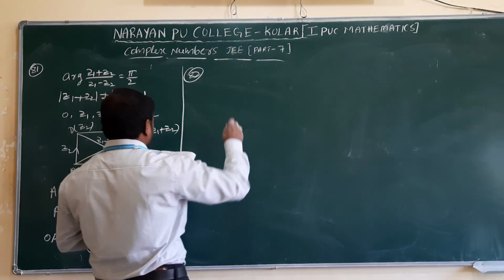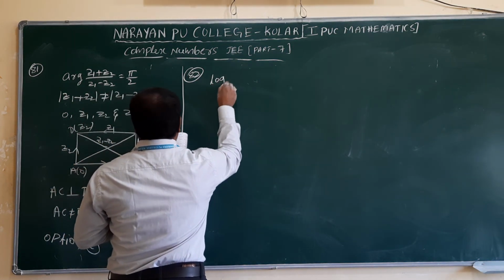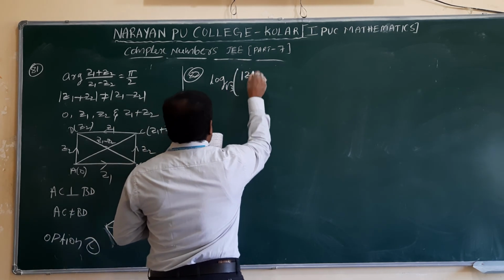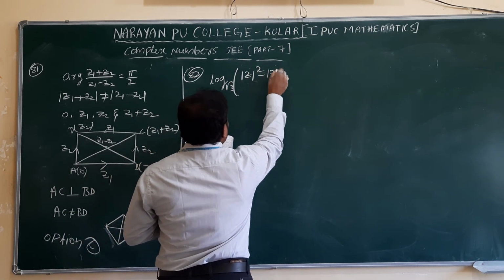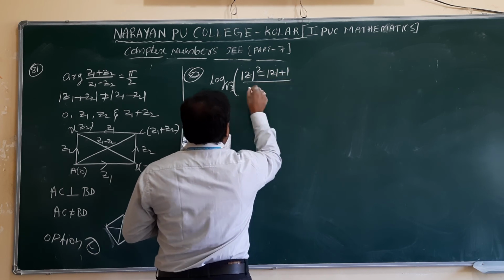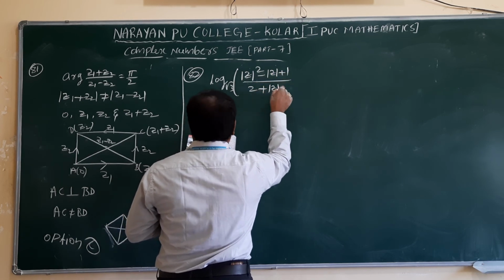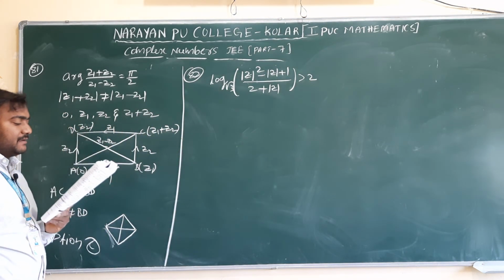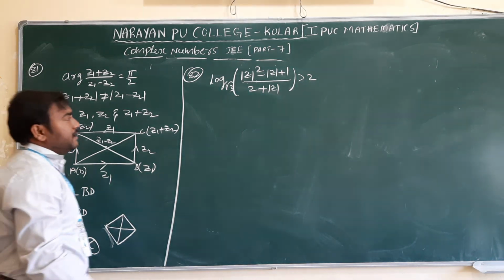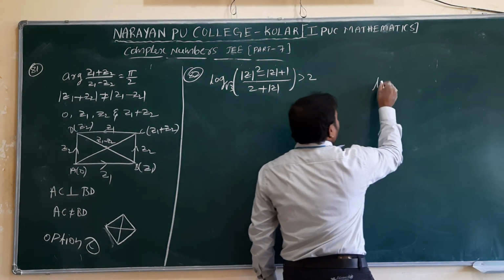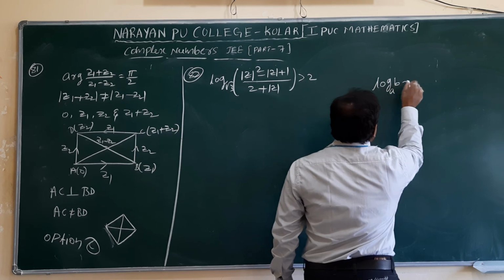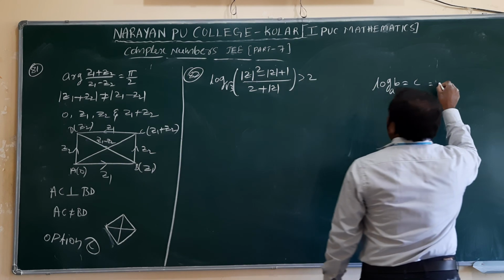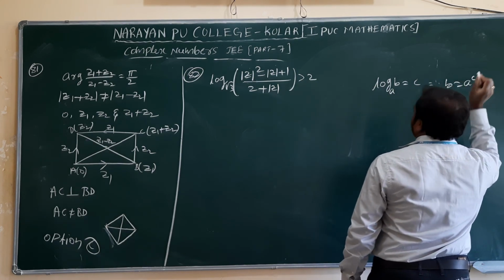Question number 82. If log base root 3 of (modulus of z square minus modulus of z plus 1) divided by (2 plus modulus of z) is greater than 2, then the locus of z is... Here we already know that log a base b is equal to c can be written as b is equal to a power c.